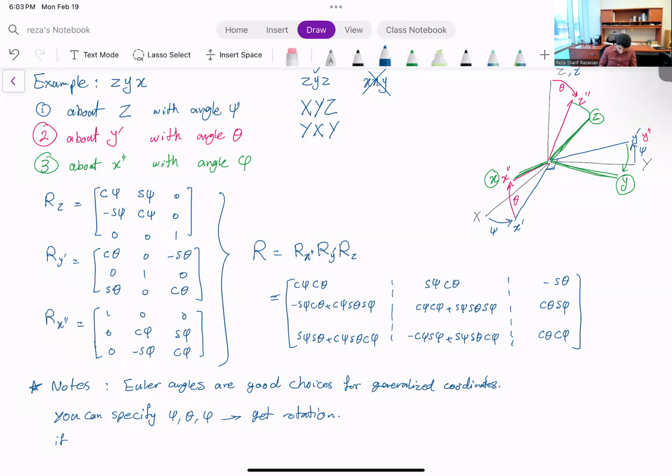The other way around, if you know your rotation matrix, you can calculate psi, theta, and phi, so you can see what angles you need to generate that kind of rotation.